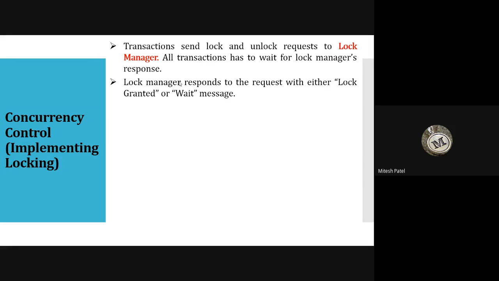When it releases, I will grant that lock and I will acknowledge to you.